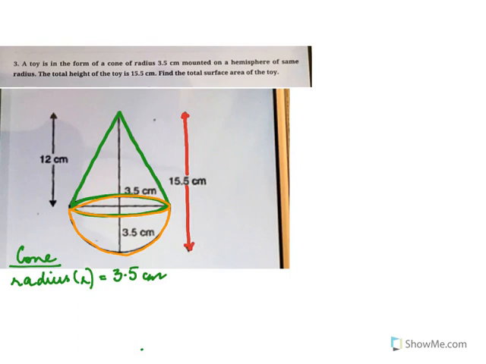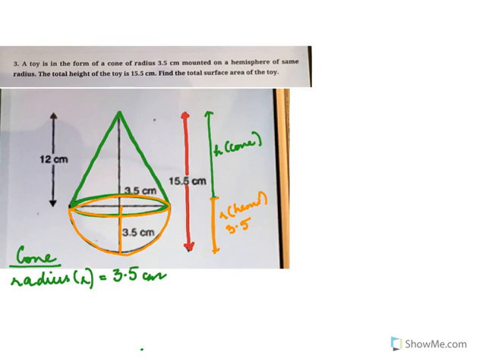Now just like the other sum, we see that this total height is made up of two parts. One is the height of the cone till here, plus from here onwards is the radius of the hemisphere, which is 3.5.